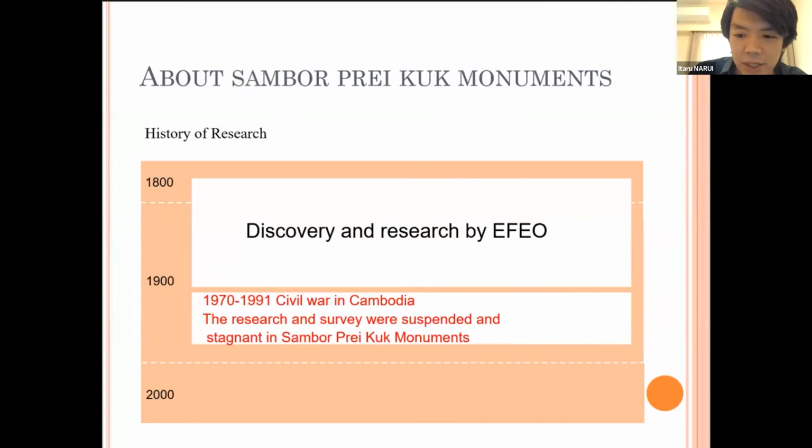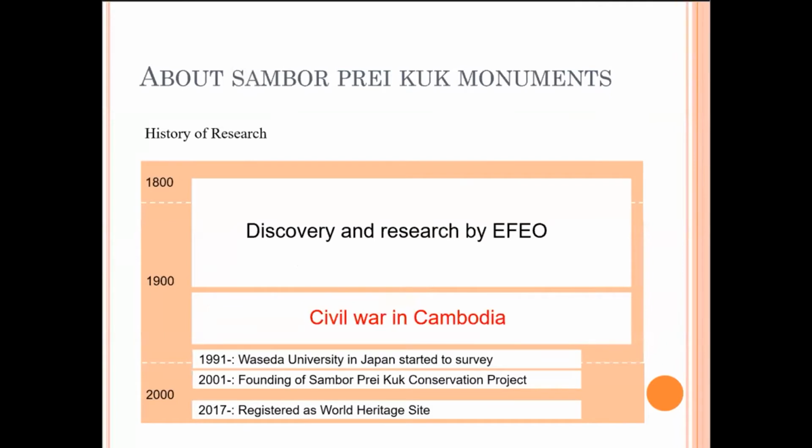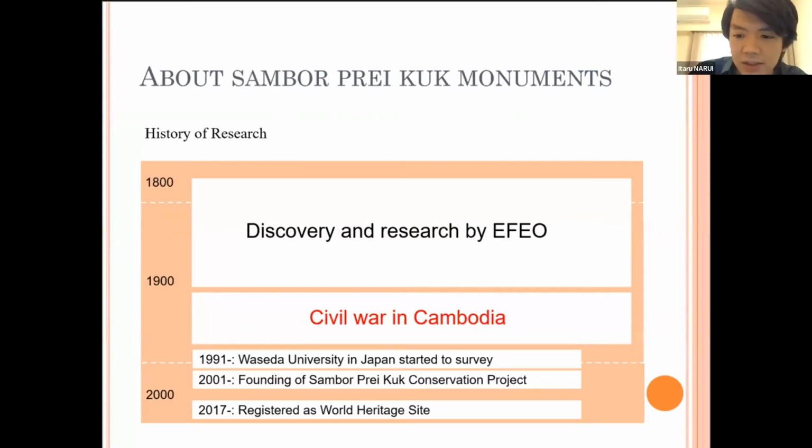The research and survey were suspended and stagnant at Sambor Prei Kuk monument. After the end of the civil war in Cambodia in 1991, Waseda University in Japan started to survey. Waseda University considered that Sambor Prei Kuk monument is important in Khmer history, and funded the Sambor Prei Kuk conservation project with the Ministry of Culture and Fine Arts.